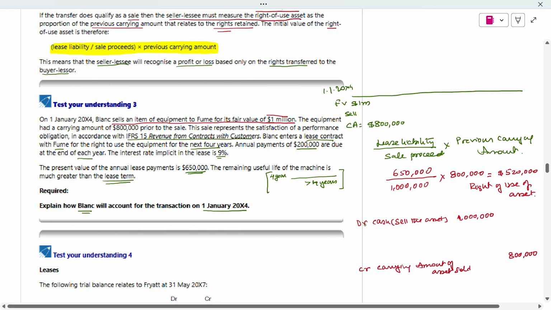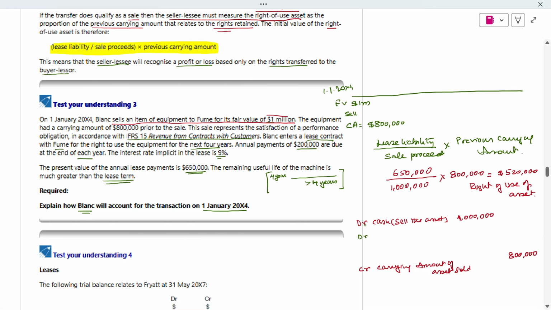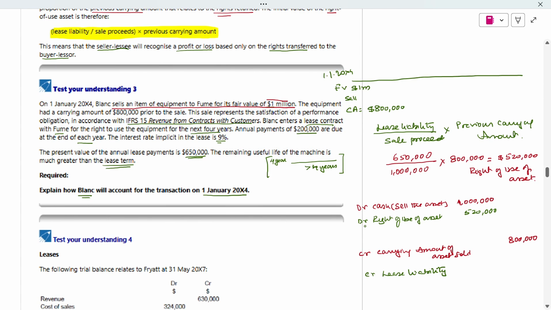Now you have taken the right-of-use asset. How much is it? 520,000. What is the liability for that? The lease liability. Match the colors, don't get confused.